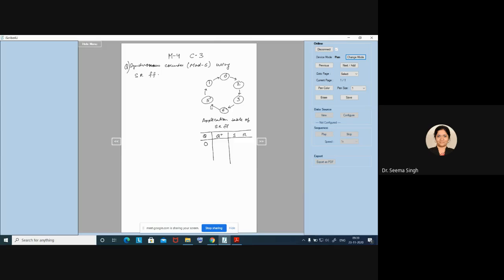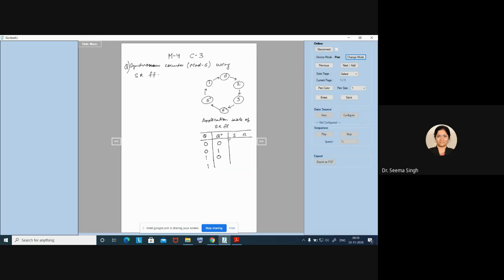If present state is 0 and next state I also want to make 0, this is one case. Next, if present state is 0 and next state is changing to 1, that is the second possibility. Then present state is 1 and next state I want to make 0, third possibility.